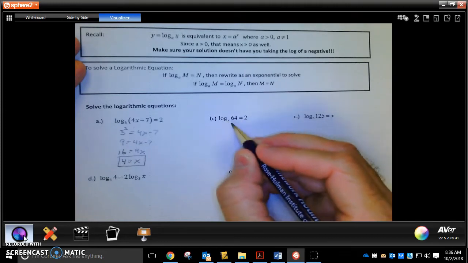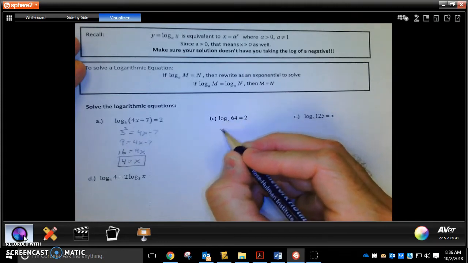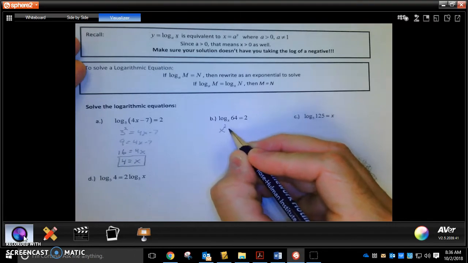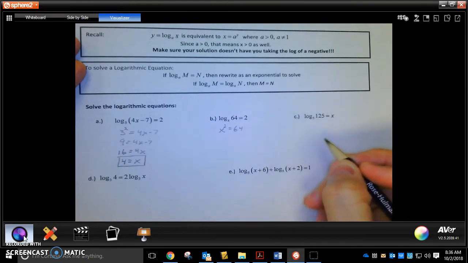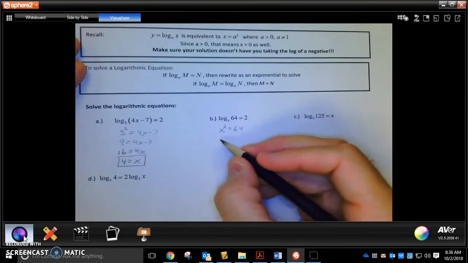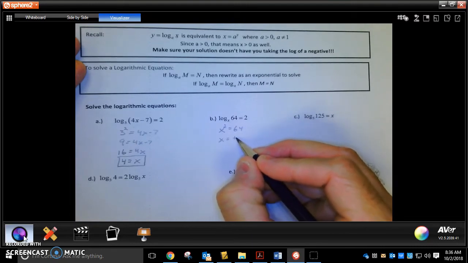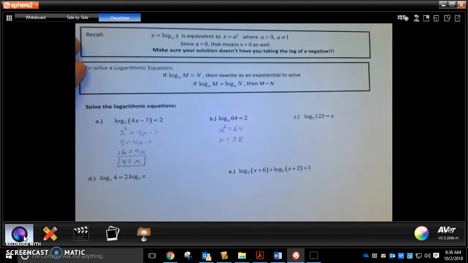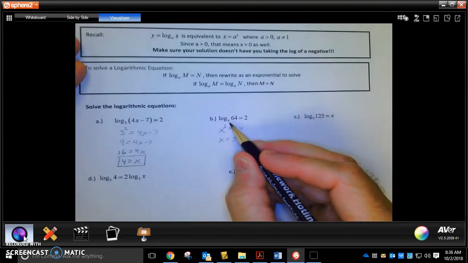So I'm just going to rewrite this as an exponential. So x squared equals 64. I'm going to take the square root of both sides. X equals positive and negative 8. However, take a look here. This base has to be positive as well.